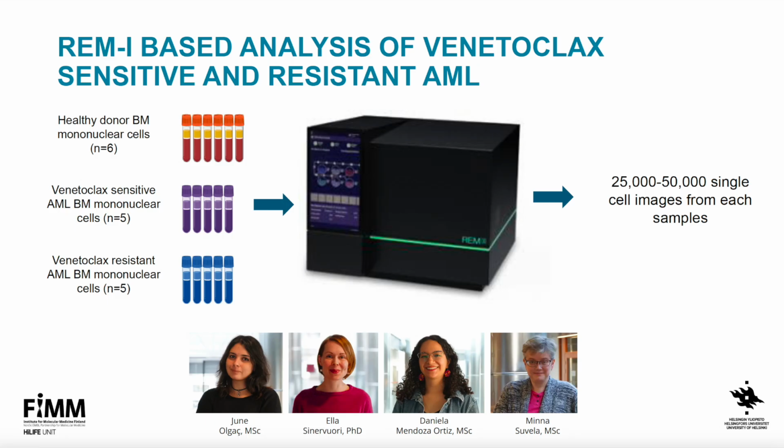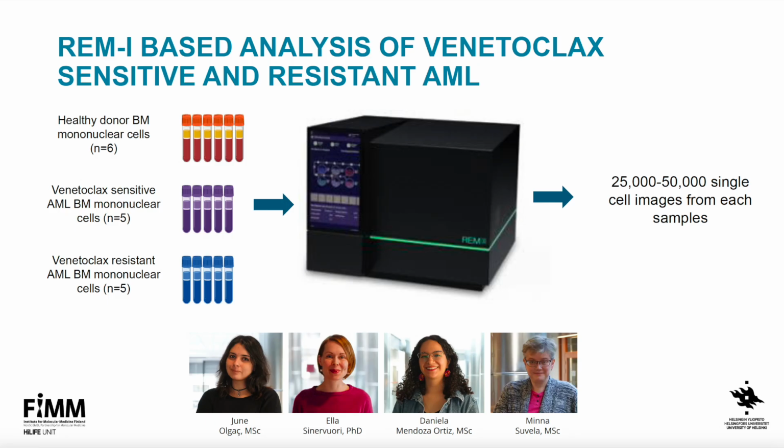And so what we did was, a team from the group, June, Ella, Danielle, and Mina, took the samples from the patients that were involved in that VENEX study, and also a set of healthy bone marrow cells, and screened them on the REM-I.